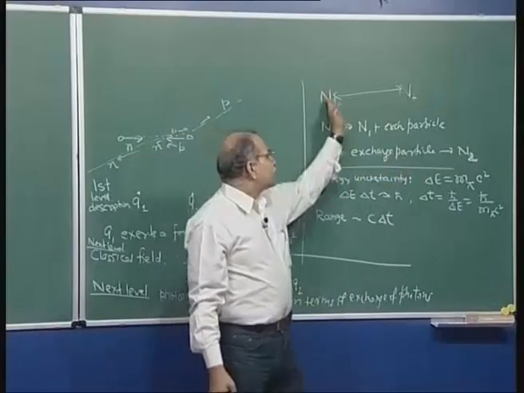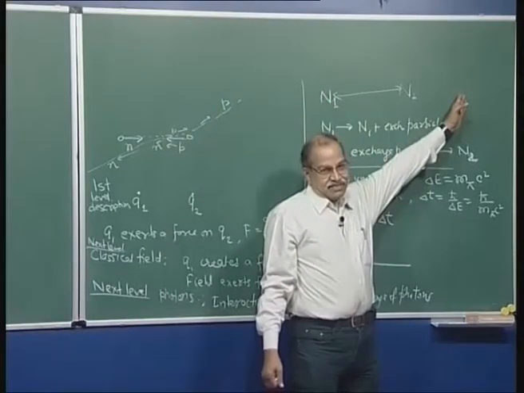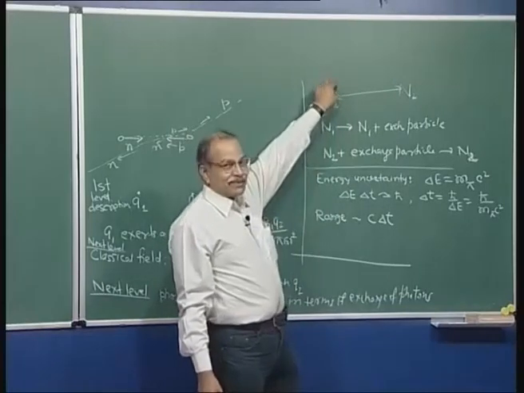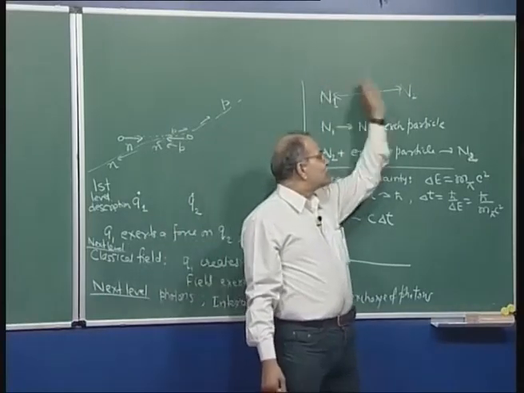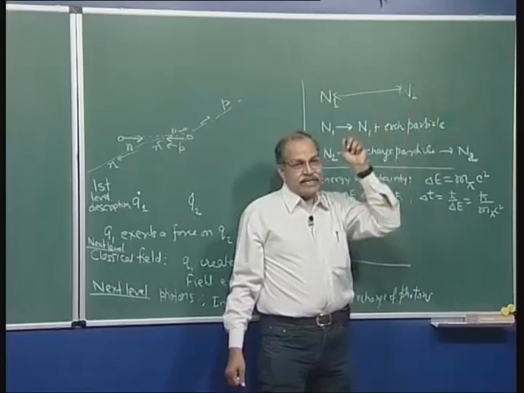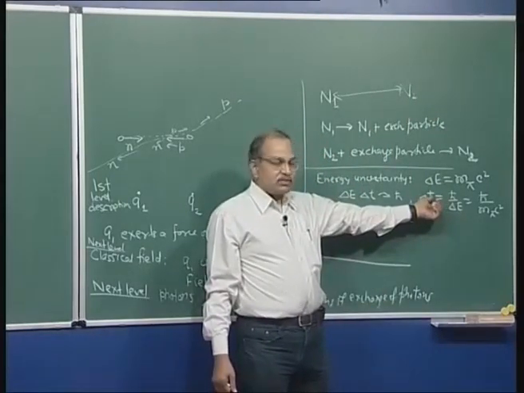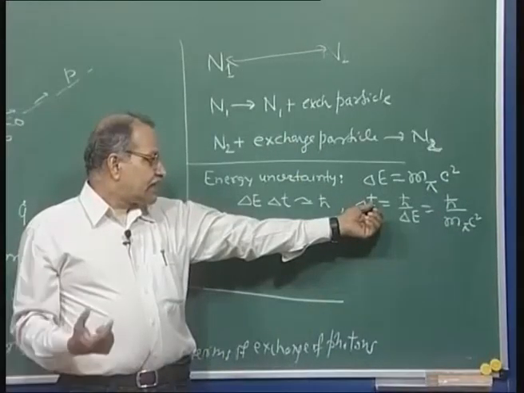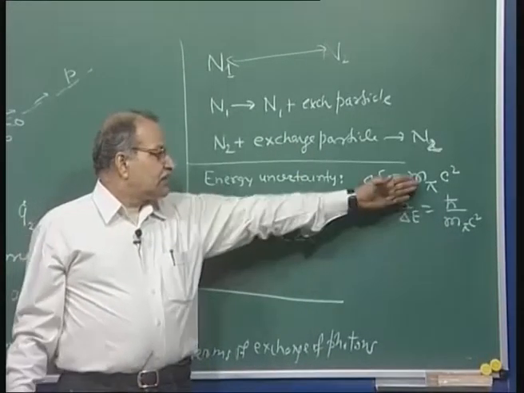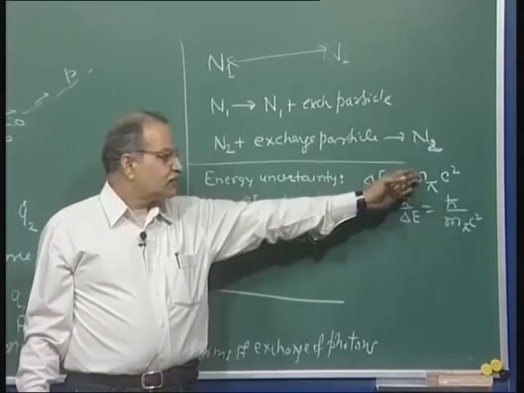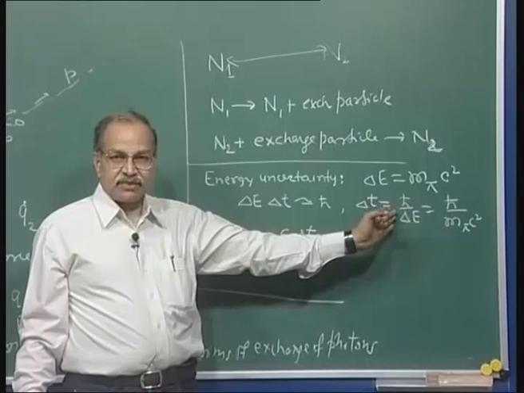Okay. If these particles are too far away, then the virtual particles emitted here will only be absorbed by the same particle. Those virtual particles will not reach there, because they can exist only for this much of time, because when they are created or they are getting absorbed, there is an uncertainty of this order in energy, and therefore, they can exist only for this much time.